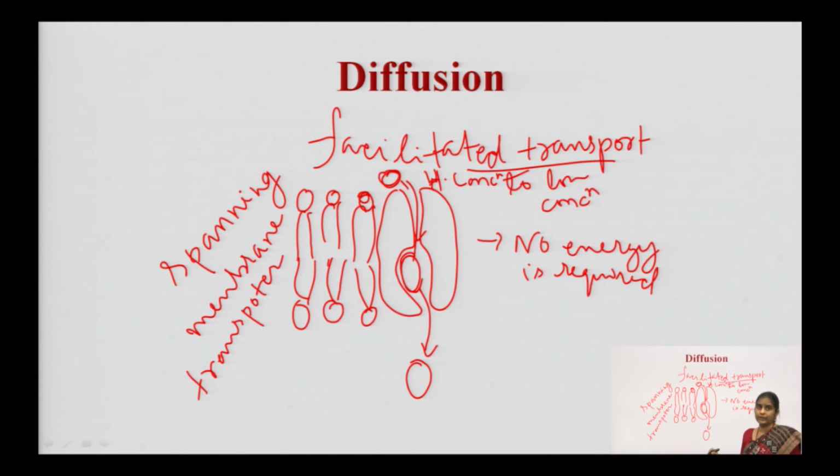Glucose transporters are used to transfer these solutes to the other side of the membrane. So, this completes facilitated transport or facilitated diffusion.